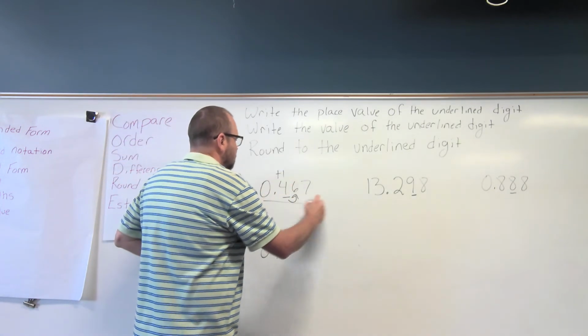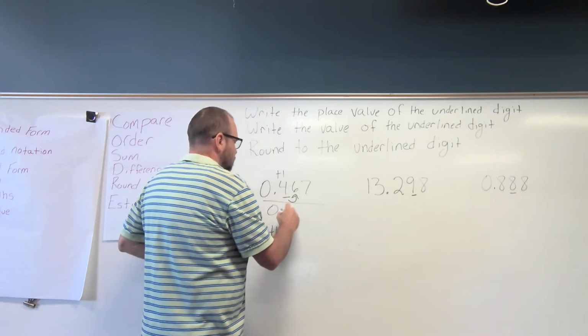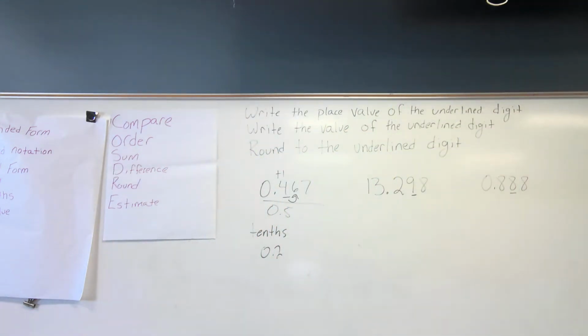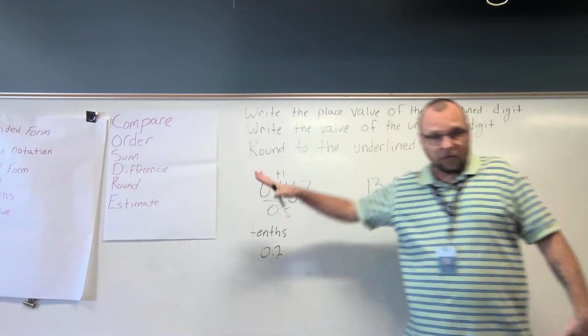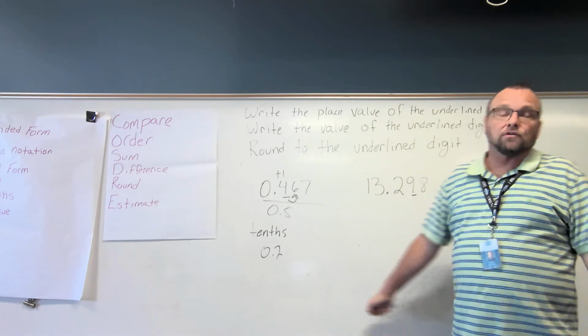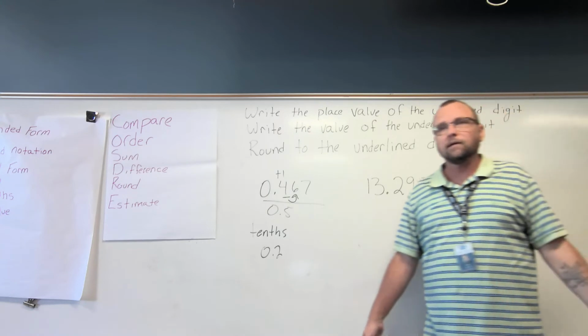So I add 1, and then I'm going to get 0 and 5 tenths. I don't include the 6, 7. Once I round it, what's behind it is gone. I can make it 0.500, but I don't need to.